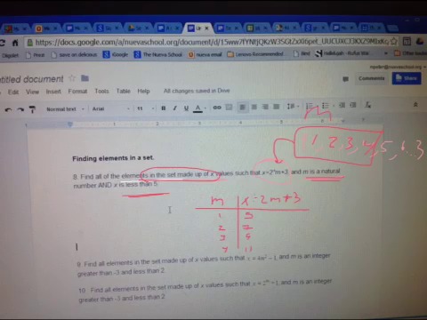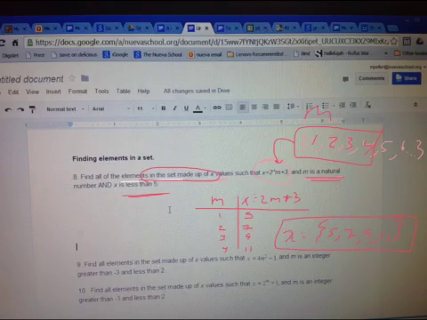So all of the elements, we're going to have x be equal to 5, 7, 9, and 11. Okay, so that's how you do it.